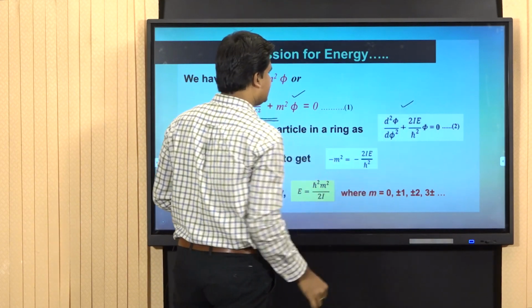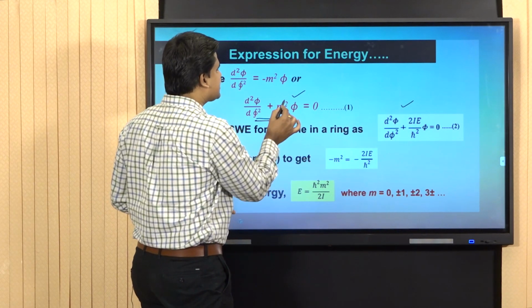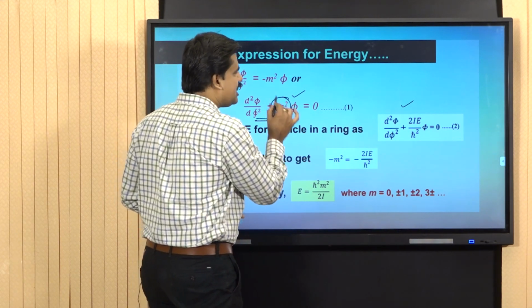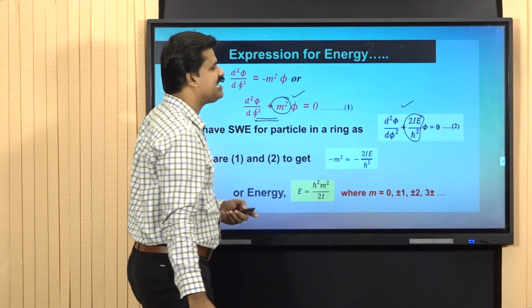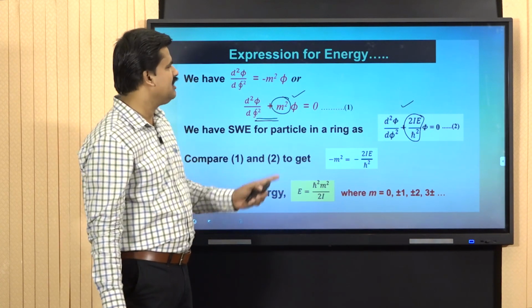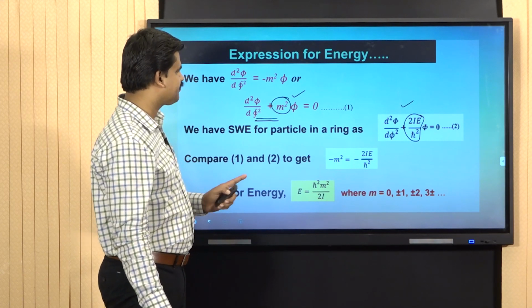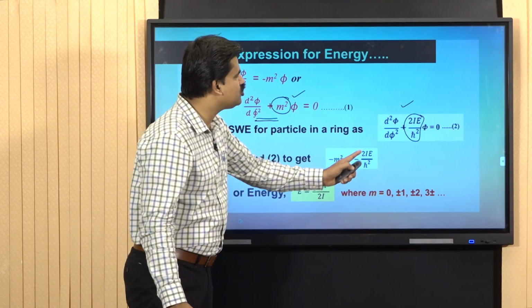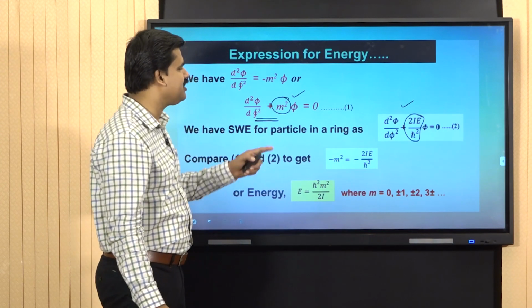Previously we have this relation. On comparing these two relations, it is clear that the term m square is equal to 2IE by h cross square. So on comparing 1 and 2, we get m square equal to 2IE by h cross square, or minus m square is equal to minus 2IE by h cross square.